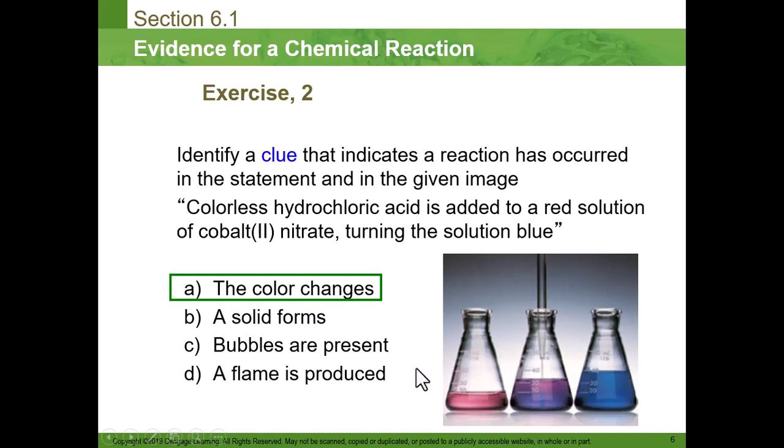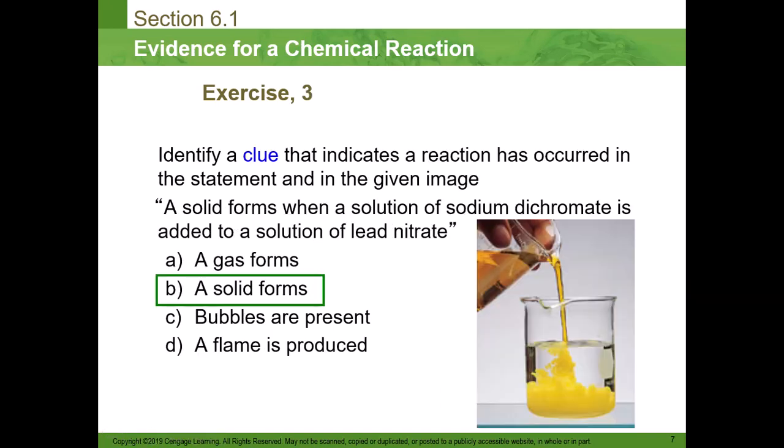So what is the reason for that? We will deal with that at a later stage, but we can see that there's a color change, and immediately when we identify a color change, that tells us there's a chemical reaction happening here. The more hydrochloric acid you add, the stronger the blue color will be.